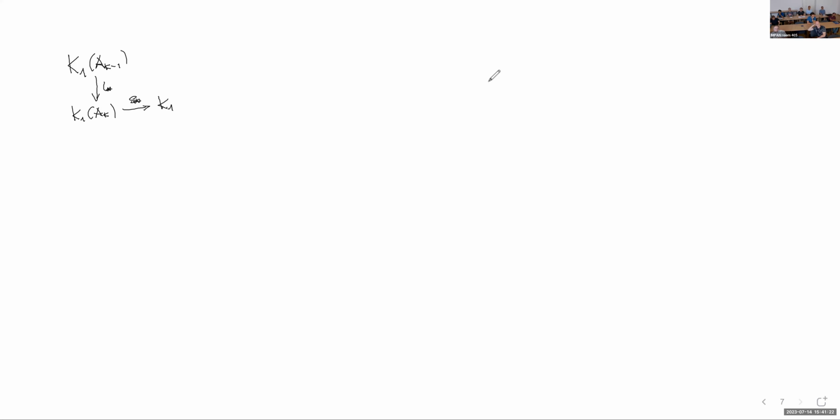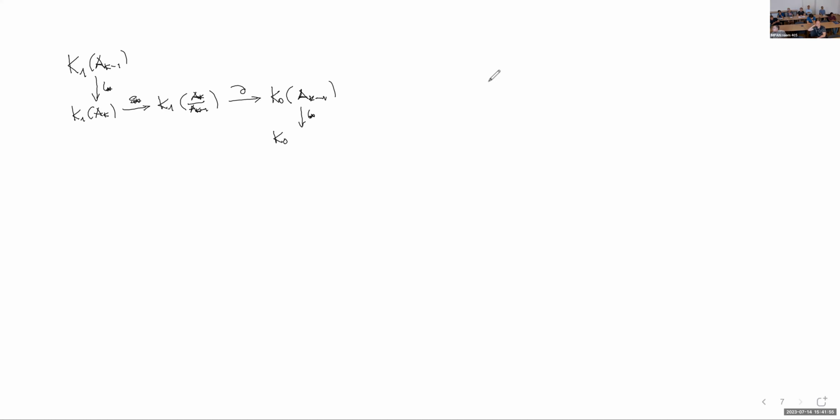K1. So K over AK minus 1. Boundary map to K0 of A K minus 1. Inclusion. The induced morphism.